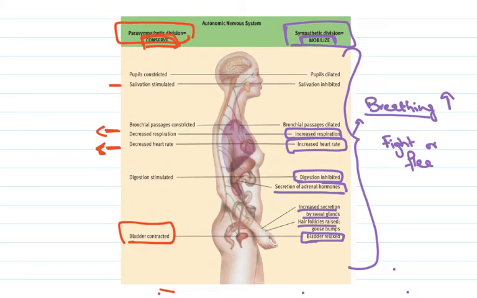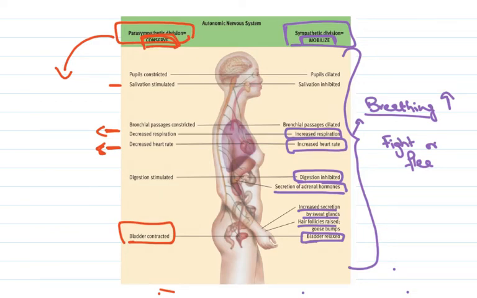So what it's doing is that it's relaxing the body, and this is something that you might experience if, for example, you've just encountered a very, very threatening situation. So, you might feel this very, very relaxed feeling all of a sudden, right? So that is basically your parasympathetic division of the peripheral nervous system kicking in, right?